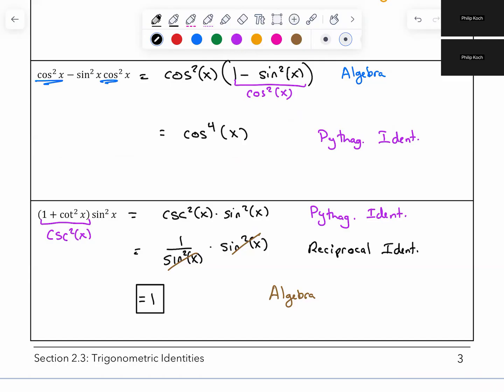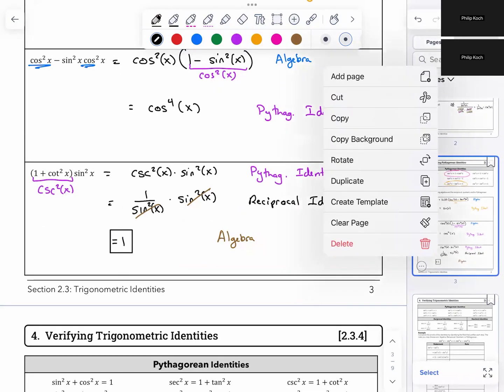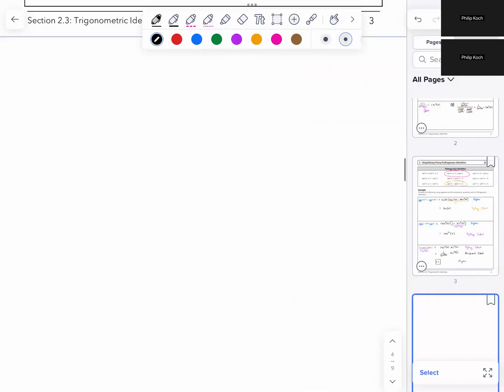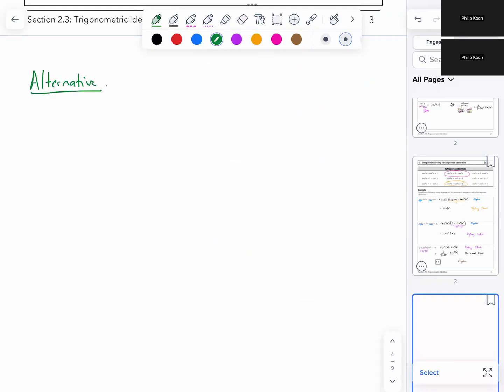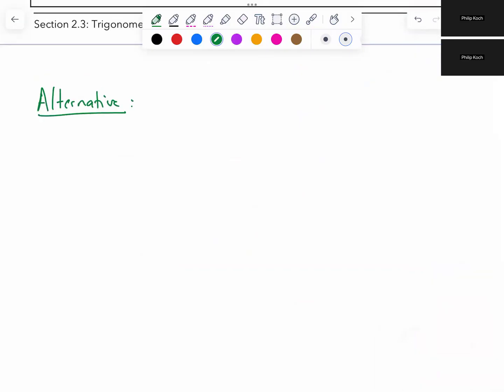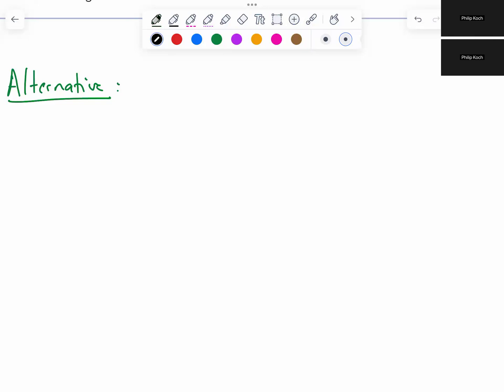However, there is another option, and I'm going to go ahead and do it just in case you want to see it. Alternative: it is 1 plus cotangent squared of x times sine squared of x.